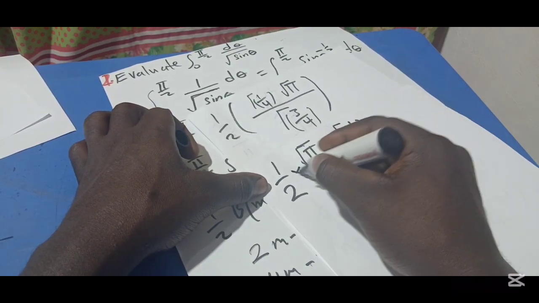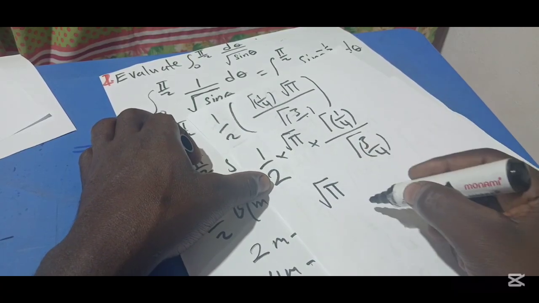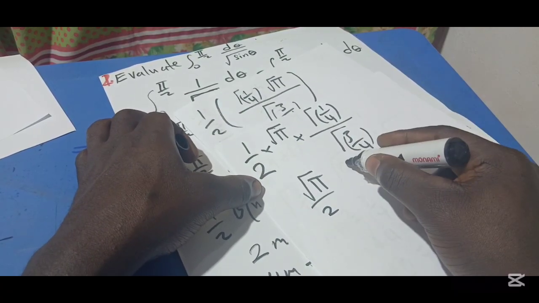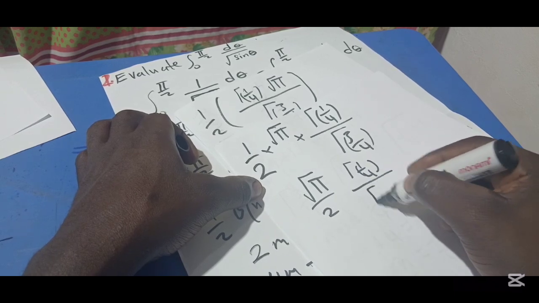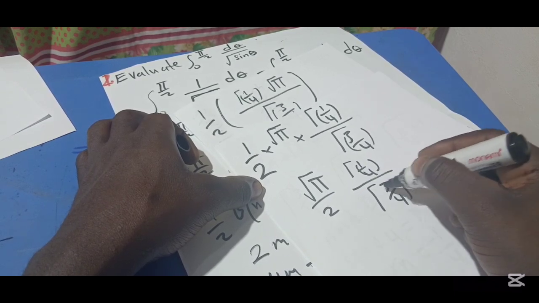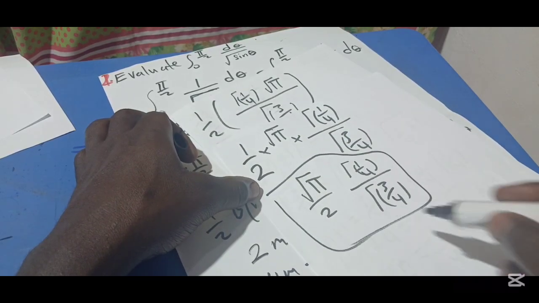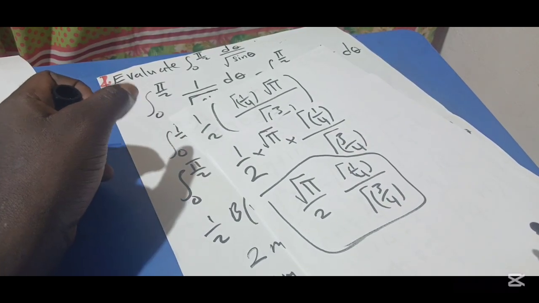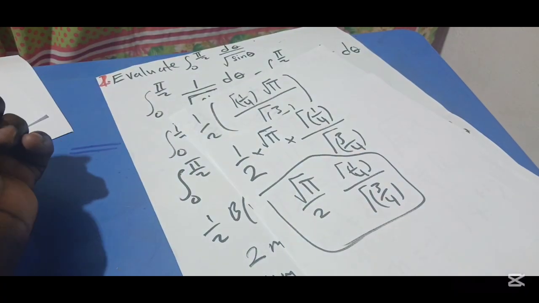Since these are just multiplied, we can rearrange our answer to be in this form: square root of pi on 2, gamma 1 on 4, all on gamma 3 on 4, right? So this should be our final answer for this problem.